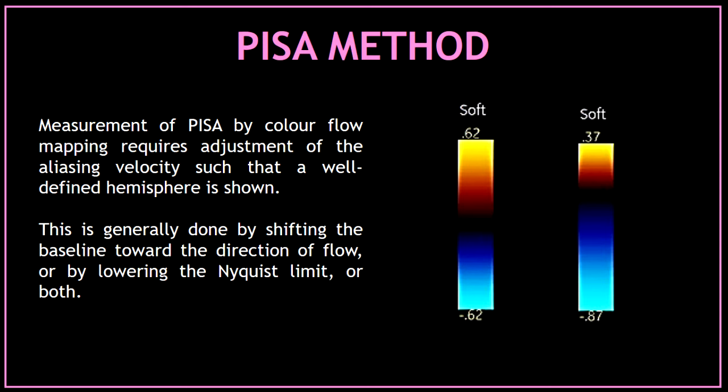Measurement of PISA by color flow mapping requires adjustment of the aliasing velocity such that a well-defined hemisphere is shown. This is generally done by shifting the baseline towards the direction of flow or by lowering the Nyquist limit or both.